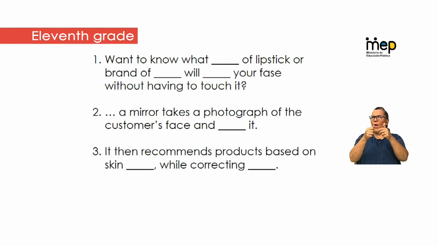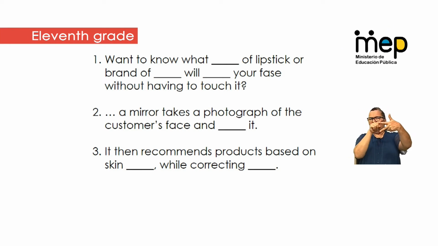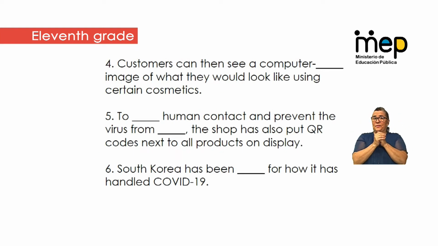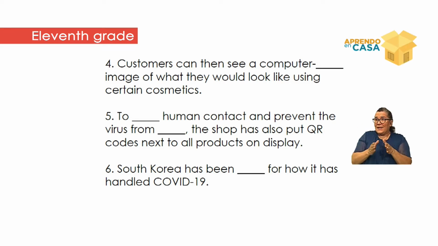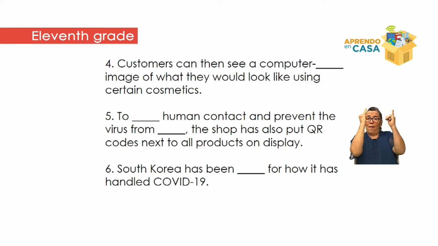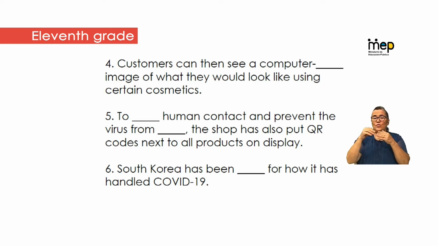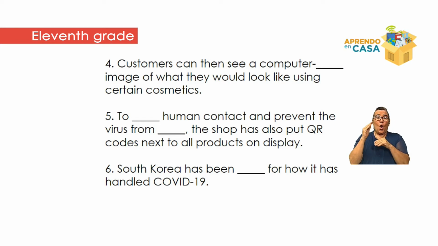Look at those sentences, guys. Excellent. Let's go to the next one. Customers can then see a computer image of what they would look like using certain cosmetics. Number 5, to minimize human contact and prevent the virus from spreading, the shop has also put QR codes next to all products on display. And number 6, South Korea has been praised for how it has handled COVID-19.